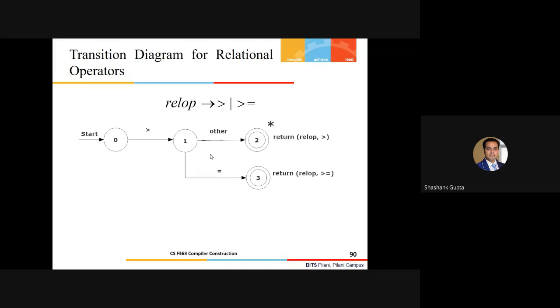Once we cover this part, we'll also try to understand what exactly are the flags that we need to remember while designing or developing this lexical analyzer through this manual implementation of transition diagrams. So let's take this roadmap ahead.